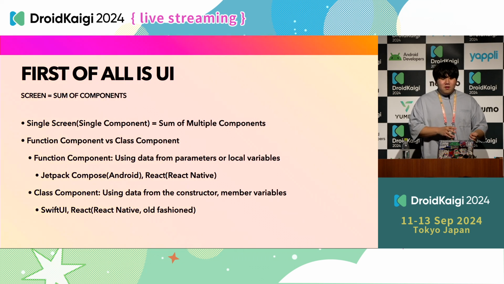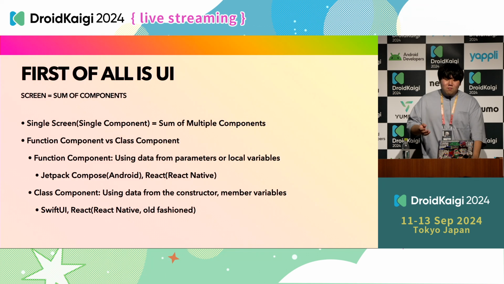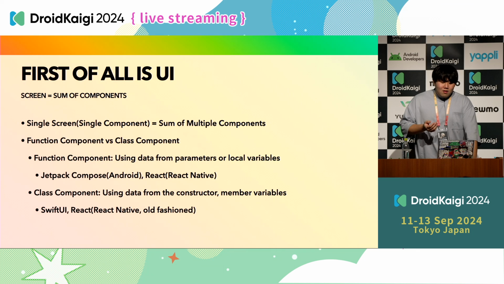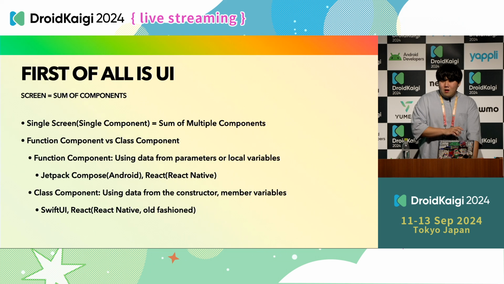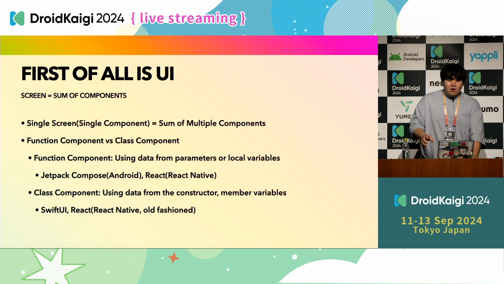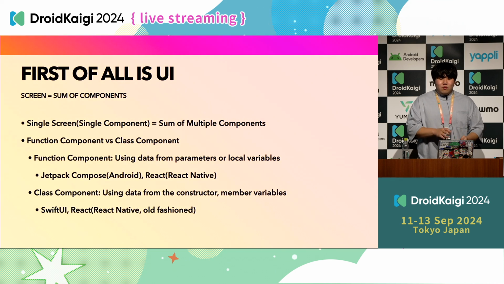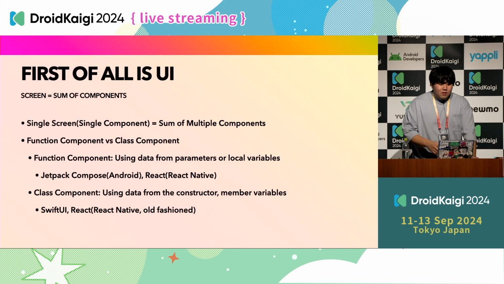As we move through the slides, you may have noticed that each OS implements its declarative UI library in slightly different ways. In Compose and React, components can be created using functions, and SwiftUI uses structs or classes to create components.